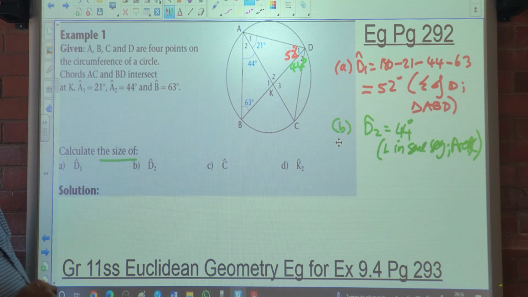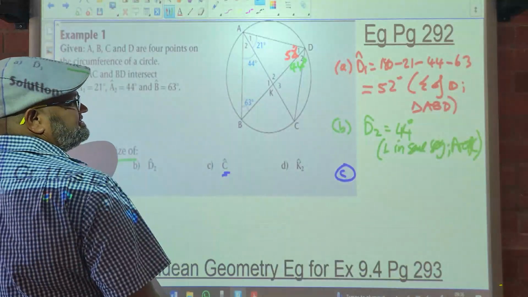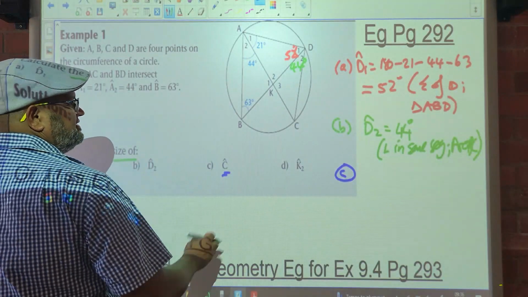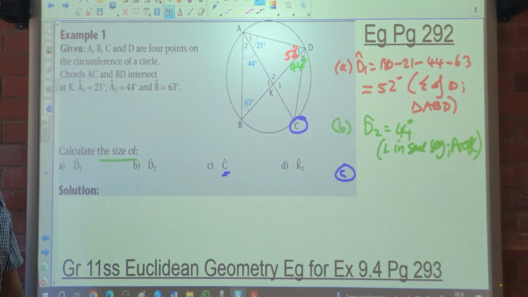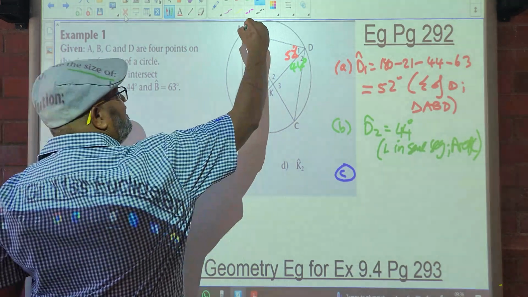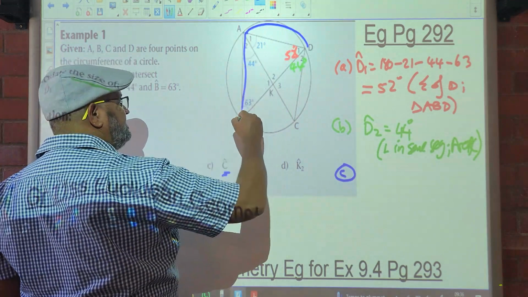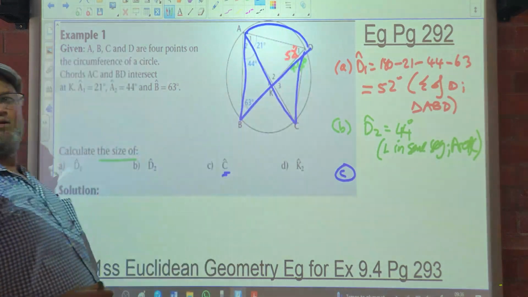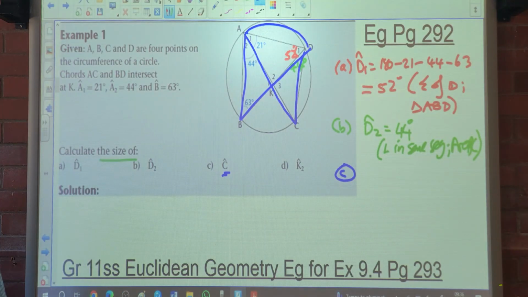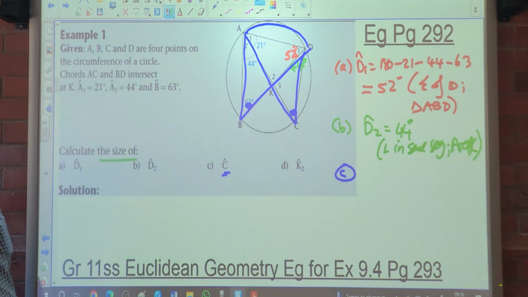Then they ask you to calculate angle C. Angles in the same segment again. However, it is from this arc now, AD. AD subtends angle B, and AD also subtends angle C. Can you see that? The angle C is how many degrees? 63 degrees.